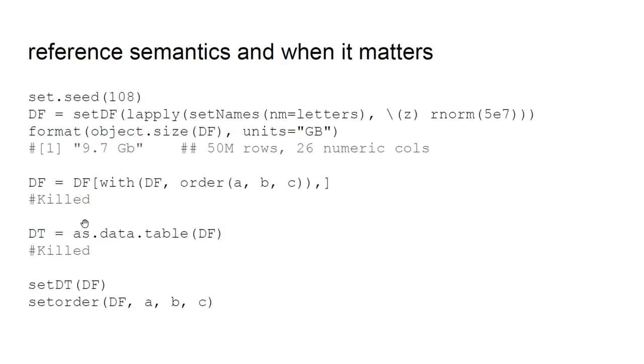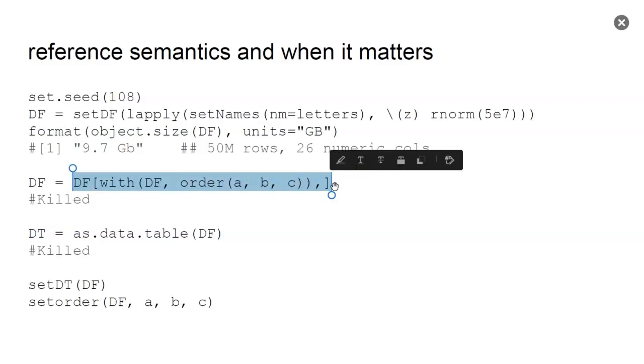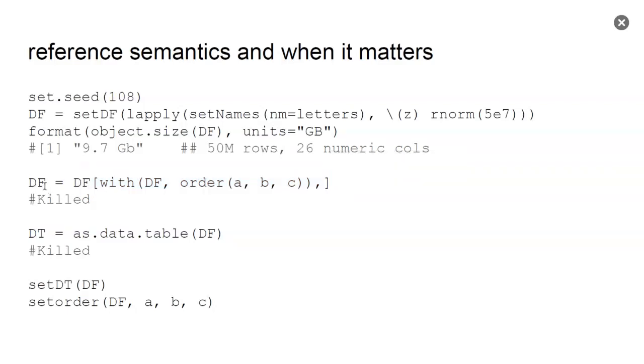It's on my laptop, which has 16 gigabyte, right? So it was 10 gigabyte. And to sort it, basically, this means that the right side already occupies 10 gigabyte, and sorted one would occupy another one. So it's not enough, so it gets killed.